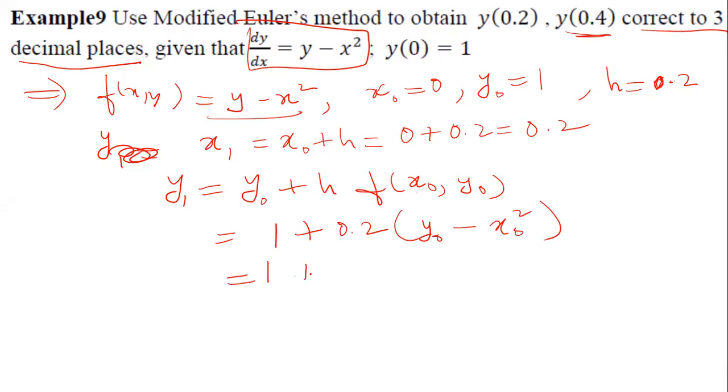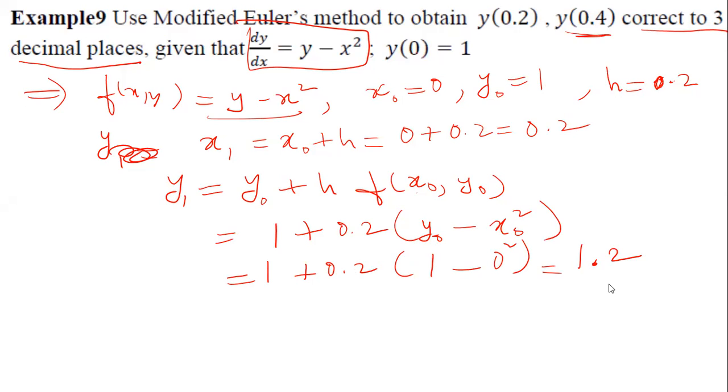So this is 1 plus 0.2 times (1 minus 0 squared), right? So this will be 1.2. Your zeroth approximation is 1.2.